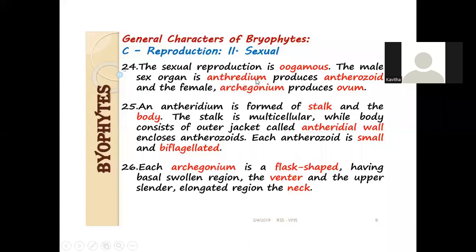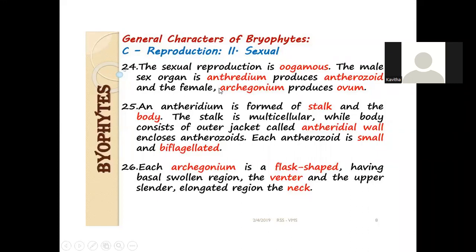From this antheridium, it produces the male gametes called antherozoids. This is very, very important, and it will keep repeating. The male sexual organ is called antheridium, and from this it produces the male gametes which are called antherozoids.